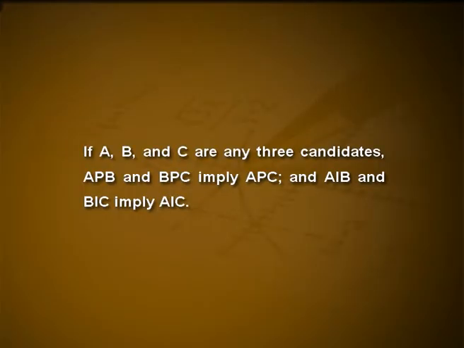In the subsequent analysis, we assume that the preference relation P and indifference relation I that underlie the scales of individual voters are transitive. That is, if A, B and C are any 3 candidates, APB and BPC imply APC, and AIB and BIC imply AIC.